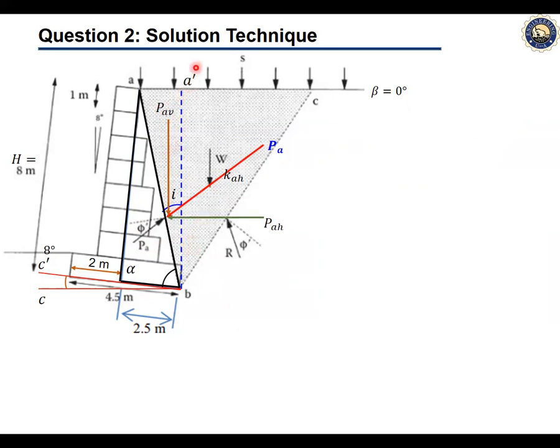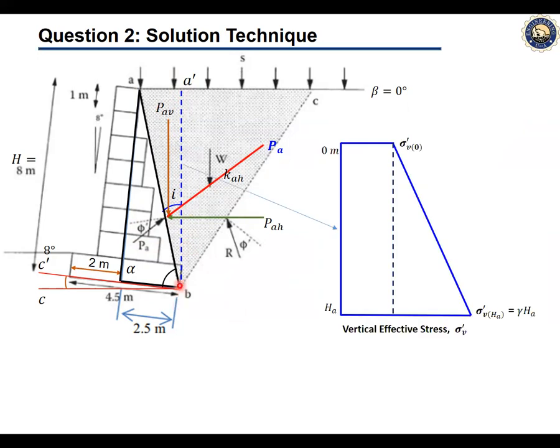Now from this line A prime B, we can calculate the vertical effective stress that develops at the back. So this height, as we have done in the previous example, is coming from the surcharge, and along the depth, when we go to the HA, we can find gamma times HA, the increase in the vertical effective stress.